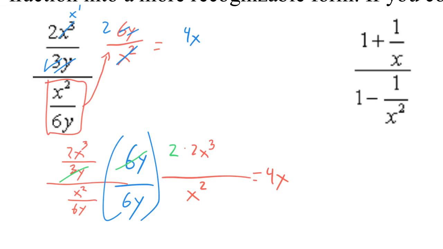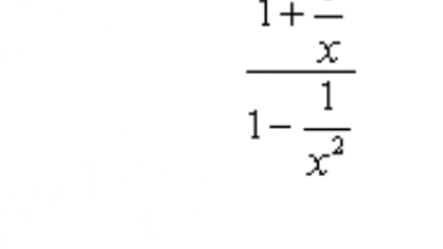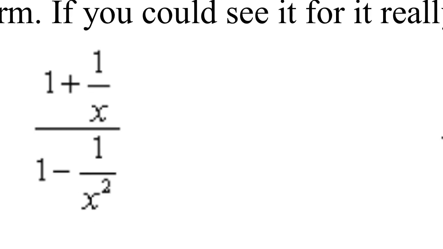This next one, the standard move is to get the top as a whole. So I'm going to go ahead and write on this, but then I'm going to erase this and do it as lick 'em over lick 'em. So maybe don't even write this, just watch. Normally what you have to do is say, okay, this needs to get to be x over x. That way the whole top becomes x plus 1 all over x.